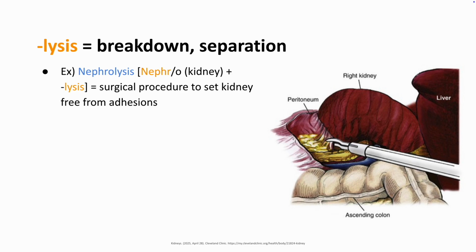So, for example, in this diagram, the surgeon is using a tool to separate the kidney that was stuck to the peritoneum. I don't know the reason for it, but apparently it was stuck. So it's detaching from the peritoneum, and that separation is called lysis, nephrolysis.